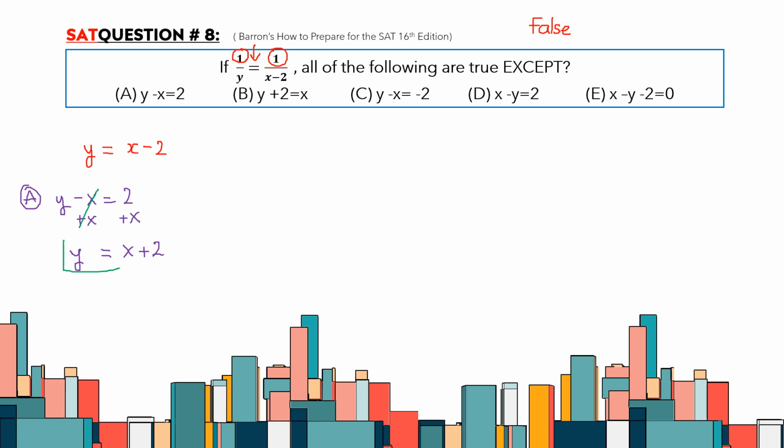So this one is different from y equals x minus 2. The red one is the true statement. So A is false.